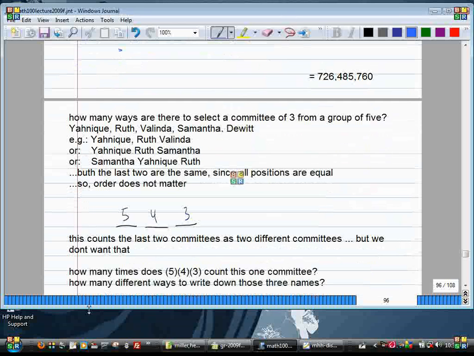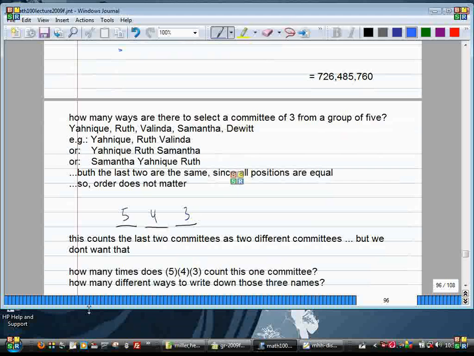So if you've got 3 names, how many different ways are there to write down that committee? Well, you've got 3 names, and you've got to put them in order. So how many ways are there to write down the first name? 3. How many choices for the second name? 2. And how many choices for the last name? 1.